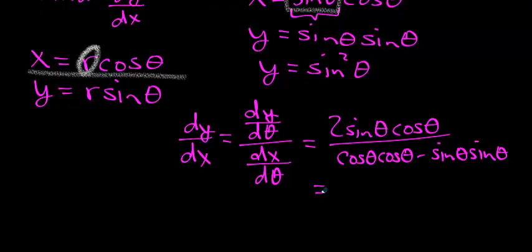Now, let's take a minute and see what we have. Oh, look, the top, I could rewrite that as sine 2 theta, right? Sine 2 theta. Now, what about the bottom? Is there any way I can rewrite cosine squared theta minus sine squared theta? Can I get a witness? No, if it were plus, it'd be a 1.